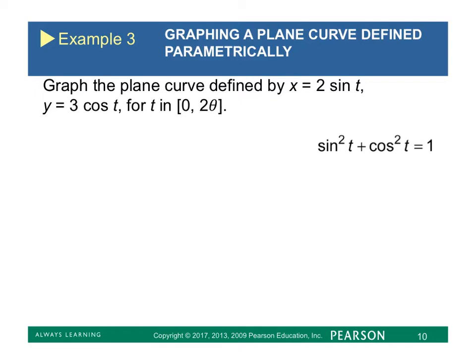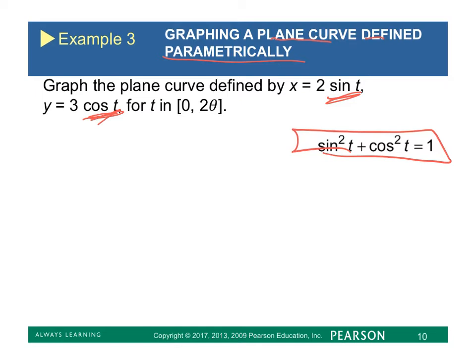We're going to graph another plane curve defined parametrically. So I'm going to remind you of an identity, since the pair of these are trig. Sine squared of anything plus cosine squared of anything is always equal to 1.